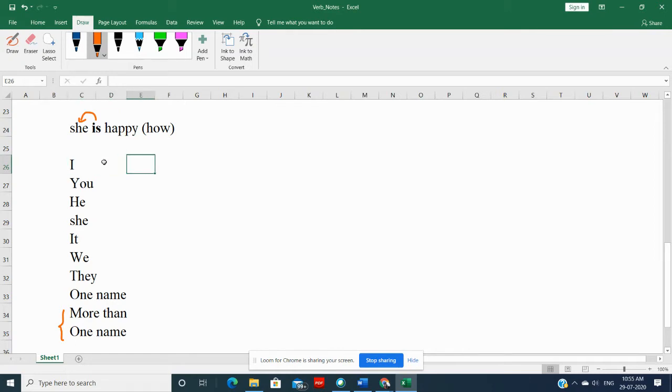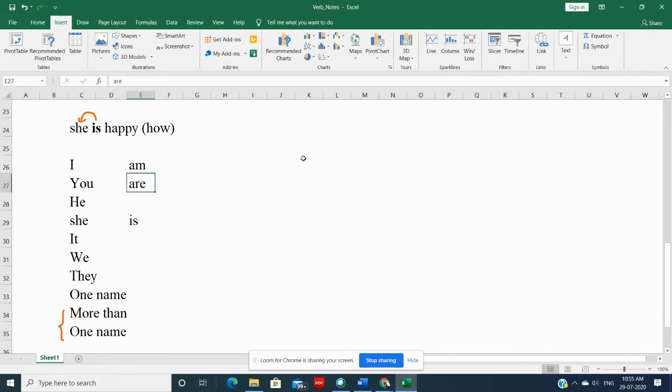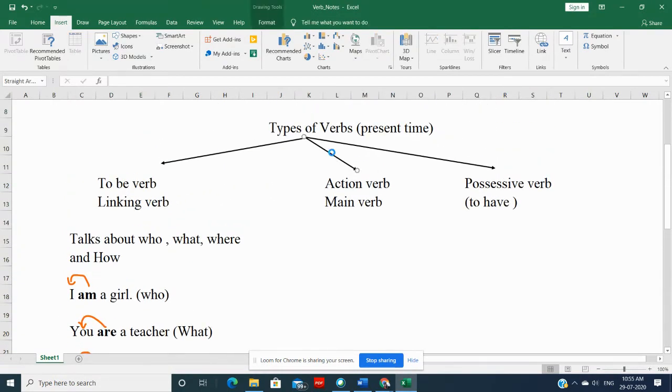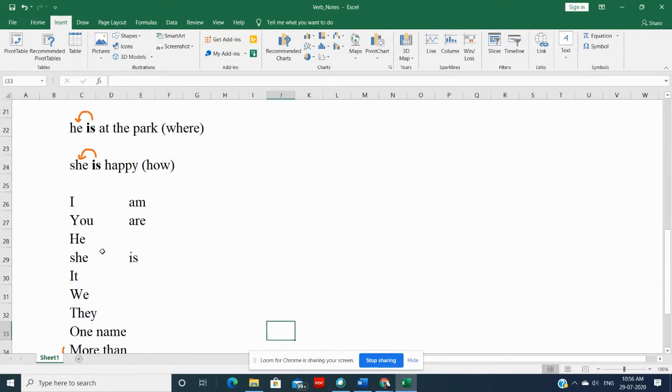Now, in case of I, we will be using am. In case of you, we always use are. In case of he, she, it, we use is. In case of he, we use is.